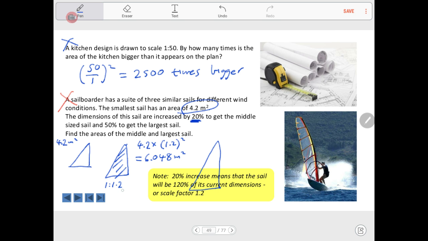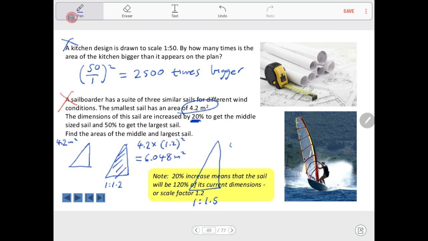Okay, now the large sail is scaled up by 50%, so it might look something like this. Now, using what I talked about here, you might be able to predict what the scale ratio is for this one. So 1 to 1.5. So if we wanted to scale up by 50%, we multiply by 1.5, and that increases something by 50%.